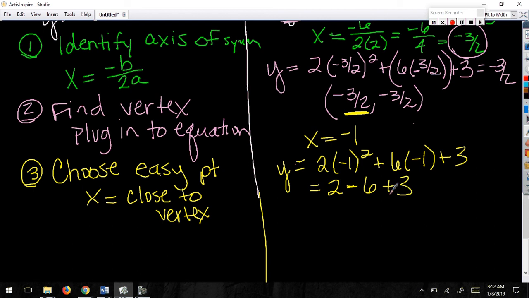Minus 6 plus 3. Negative 4 plus 3 is negative 1. So another point on the graph: negative 1, negative 1. Are we all in agreement? So let's plot it.